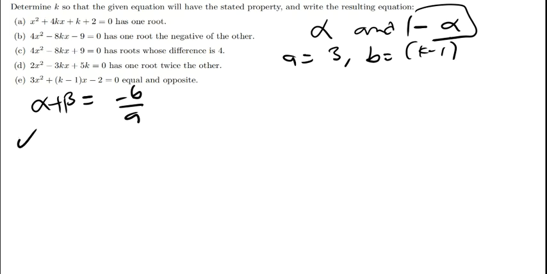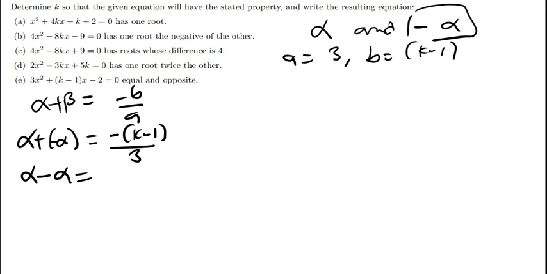So it is alpha plus negative alpha equals negative (k minus 1) over 3. Because of the negative inside, it is going to be minus alpha. If I open the bracket and distribute the negative, this is going to be negative k plus 1 divided by 3. Now alpha minus alpha is 0. So now we have got this.